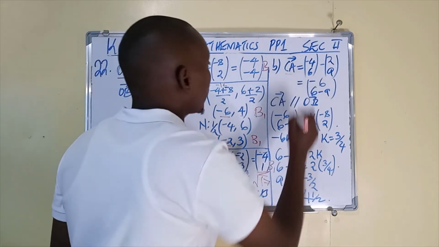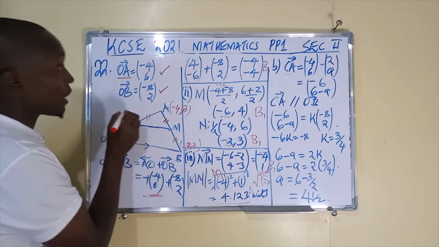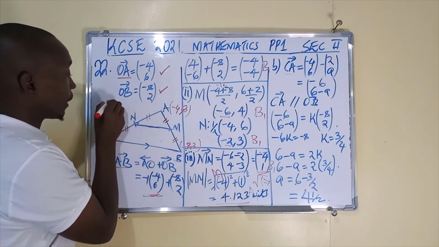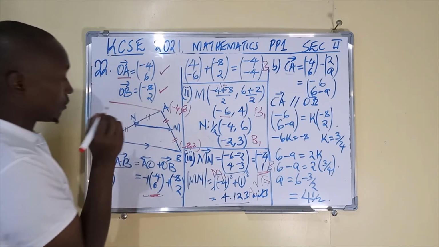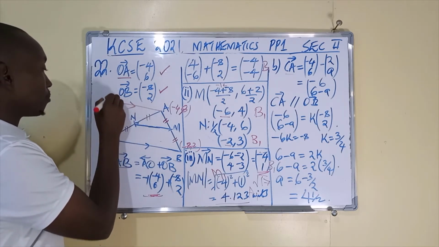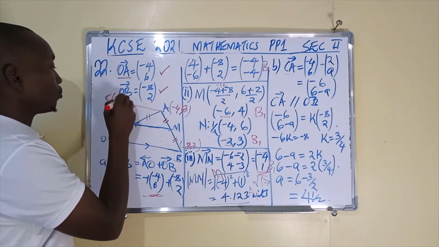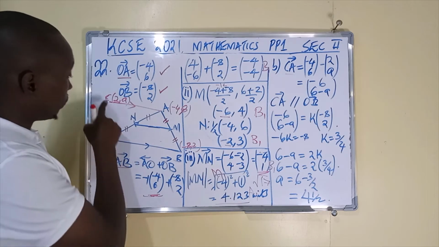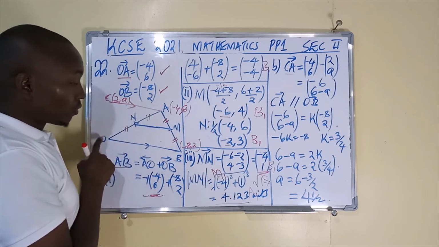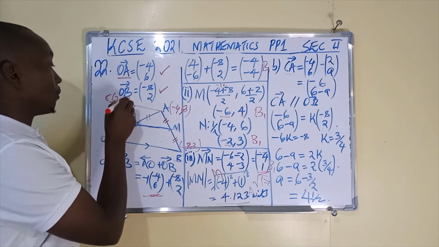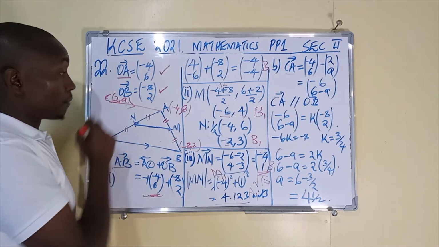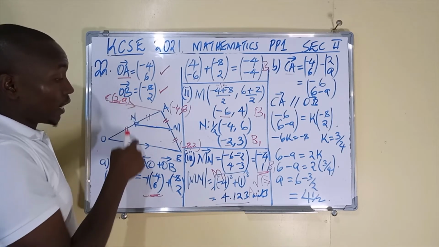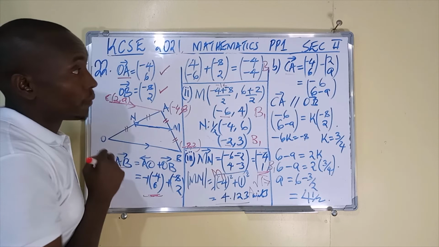We're supposed to find, you're given that there is another vector, CA. Maybe I can sketch it here. Something like that. You're given that there's a point C with the coordinate 2A, and this vector CA is parallel to OB. So the question is, you find the value of this A. Remember, this vector and this vector are parallel.